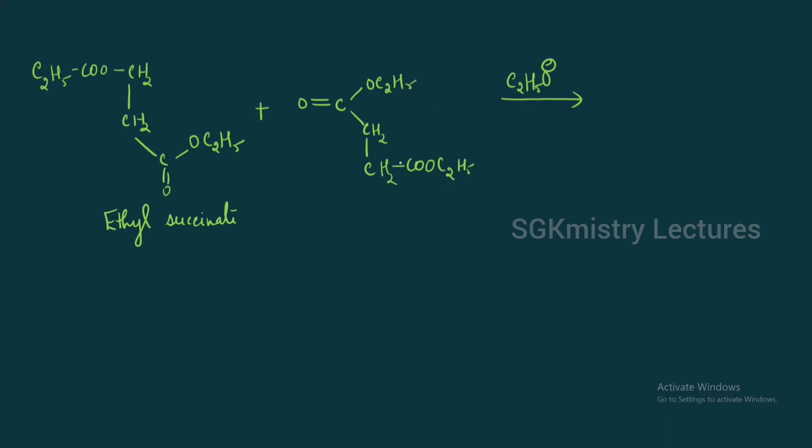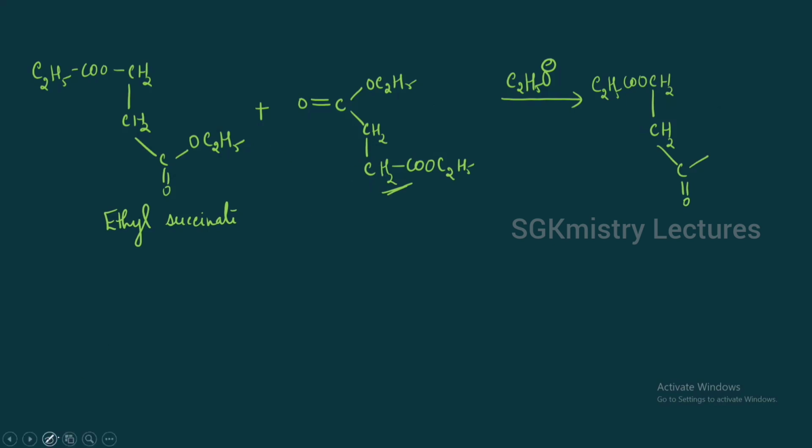So this base can abstract one of the hydrogens from here. So it can become CH minus, right? So let me write it. C2H5COO, here CH2. Now here CH2. Again, I'm continuing it here. So C double bond O. Now, this minus, whatever is there, it attacks.